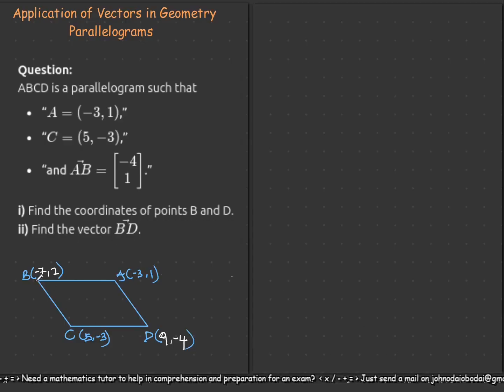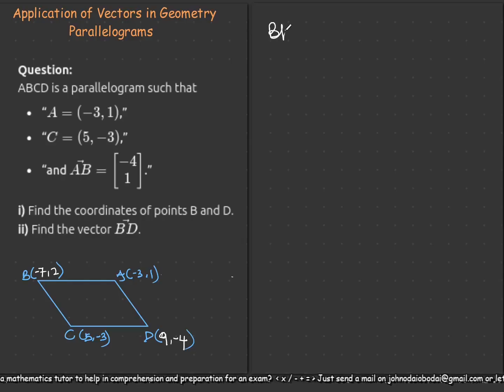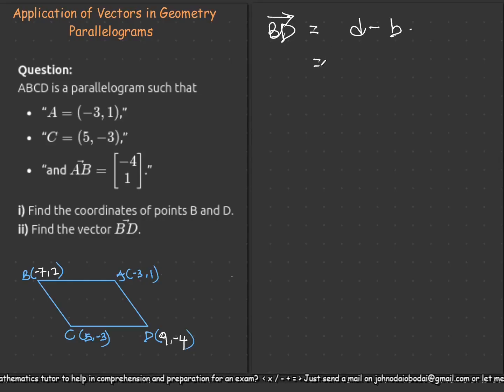That is from B to D. That is the vector we want to solve for, and I do believe you are familiar with doing that. So our vector BD is actually D minus B, and we have already solved for D.